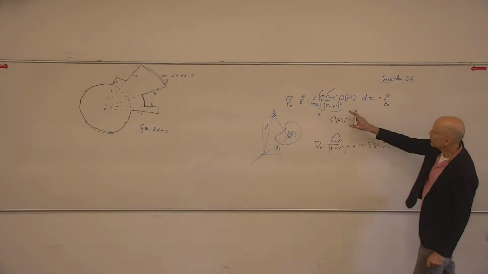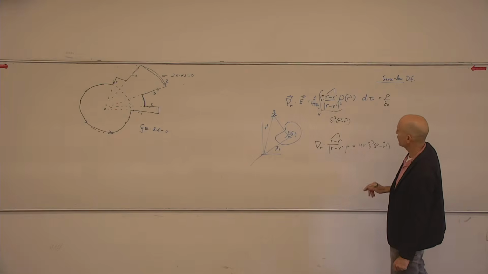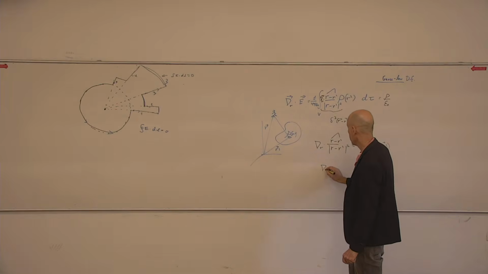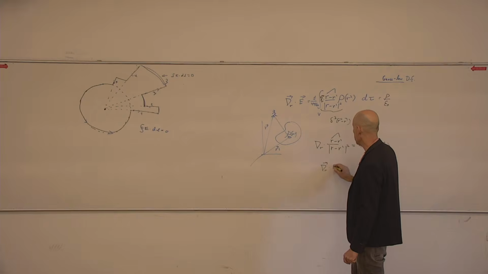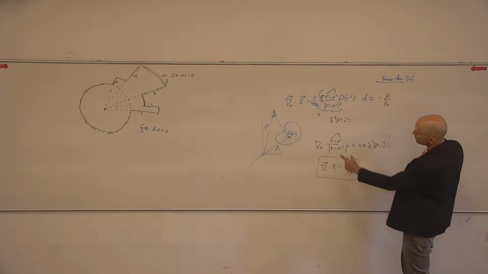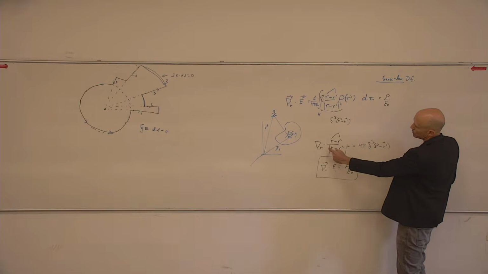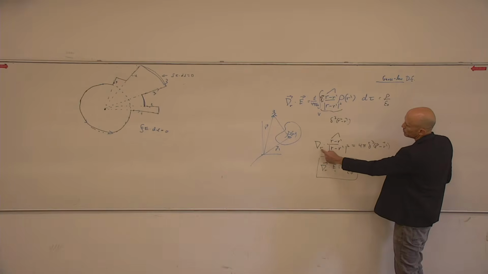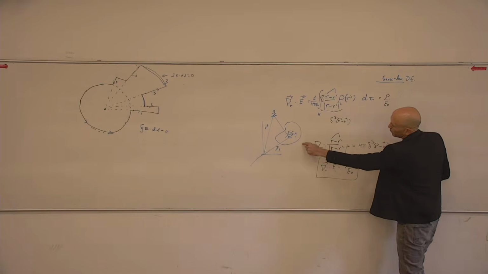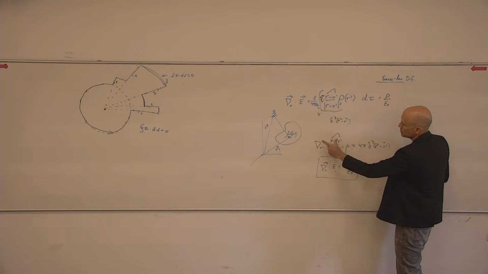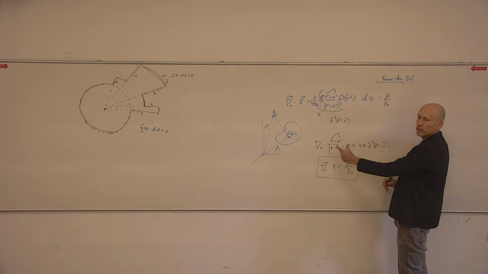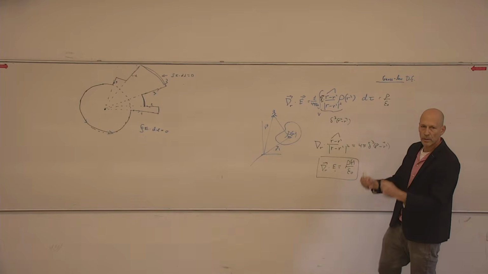So this is a delta function. I do an integral of a delta function, and then I get rho of r, rho at point r over epsilon 0. Notice that I'm applying the divergence on what? Forget about the 1 over 4 pi epsilon 0. This is the electric field in physics of a single charge.